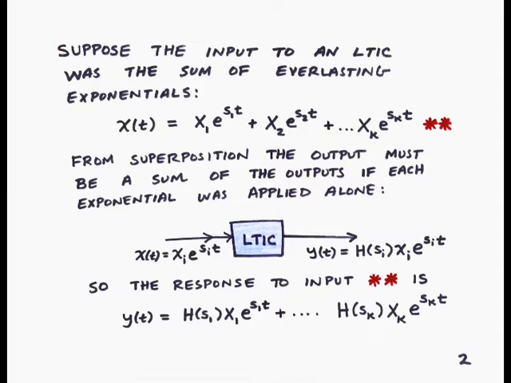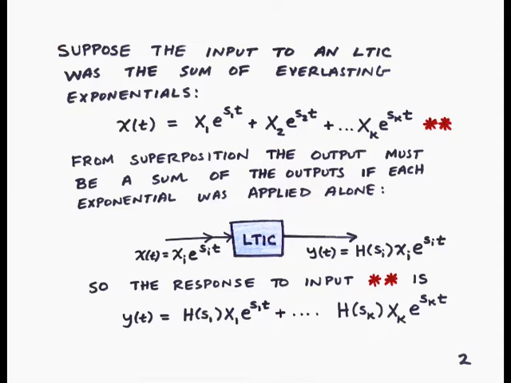Now, from superposition, the output must be the sum of the outputs as if each exponential was applied alone. So, for example, if we put in the input x of t equals xi e to the sit, we know we'll get the output y of t equals h of si times xi e to the sit. Otherwise, we just took the input, which was xi e to the sit, and we multiplied it by the constant h of si.